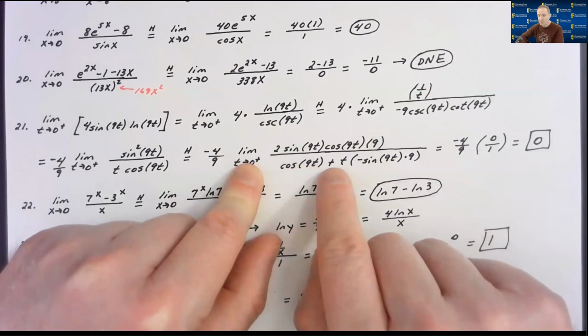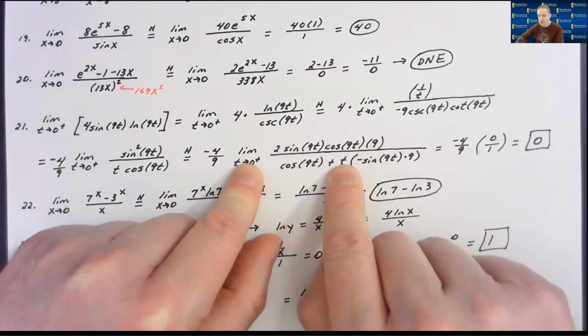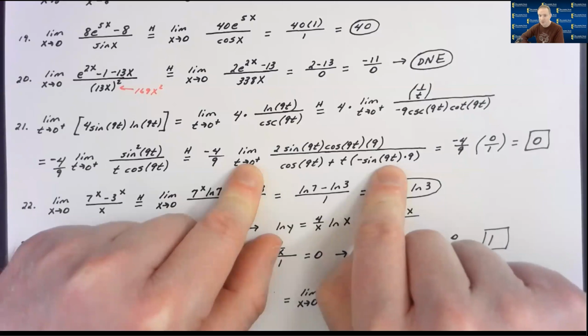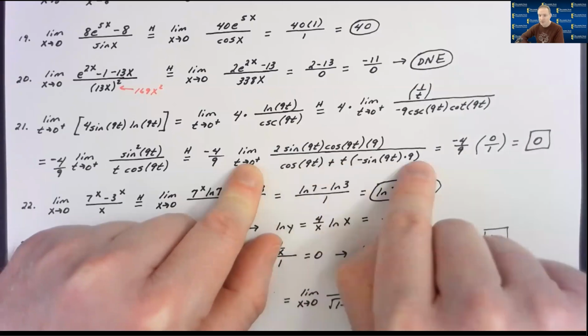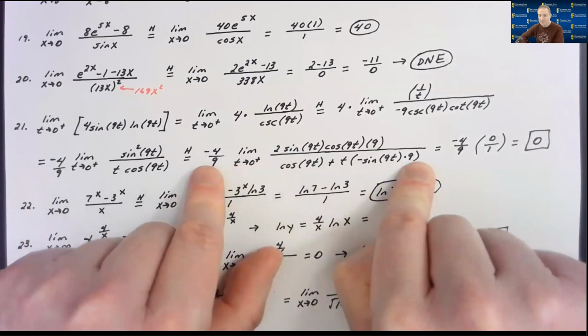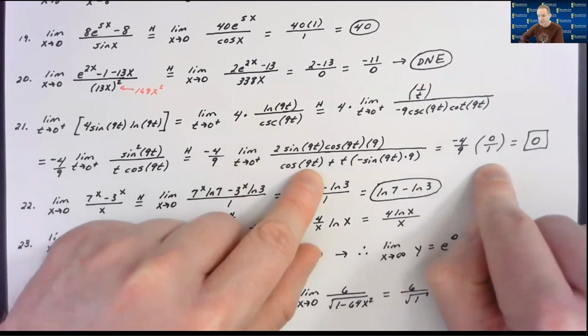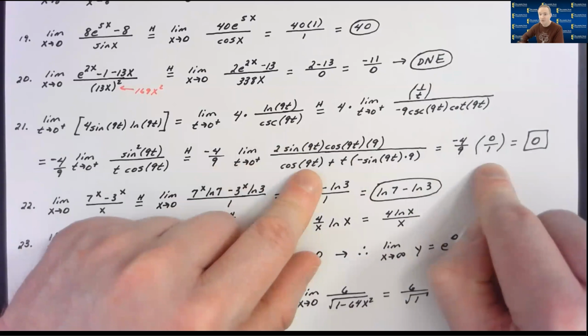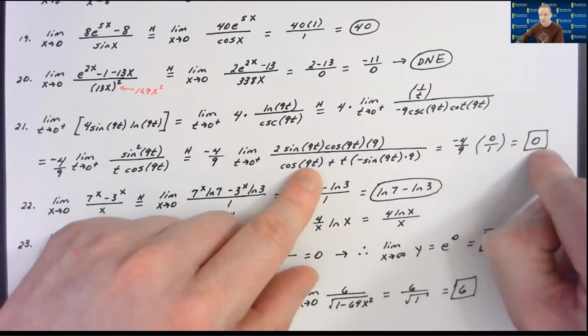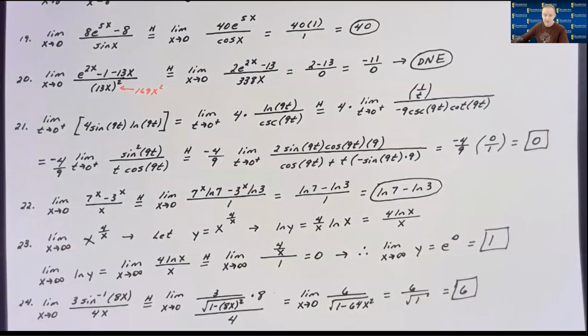You're going to have 1 plus 0, because t is going to 0, and 0 times any number is 0. So I'm going to have 1 plus 0 in my denominator. This limit goes to -4/9 times 0/1, which is just -4/9 times 0. My answer is 0. It's a lot of work to get an answer of 0.